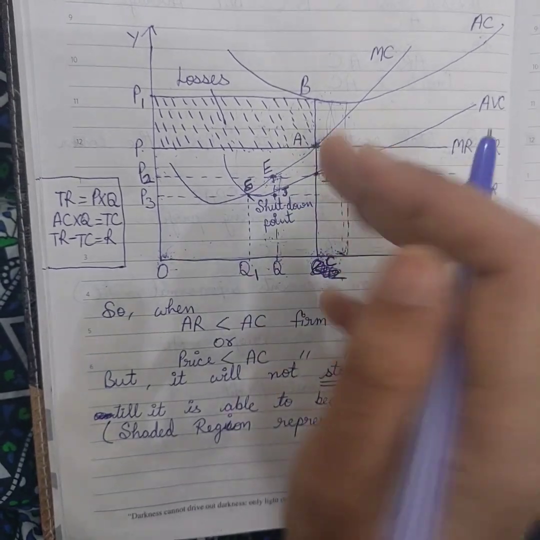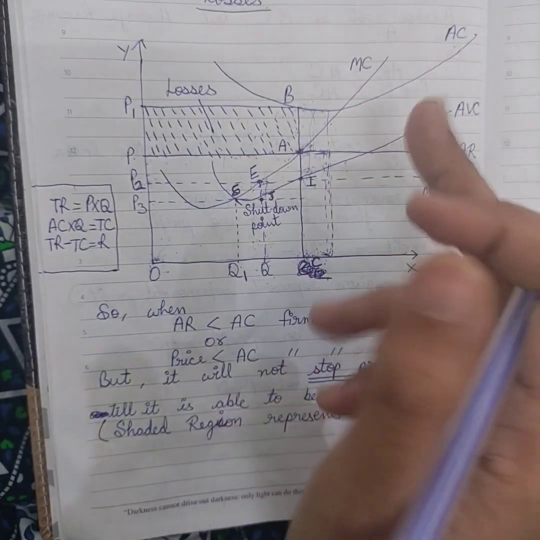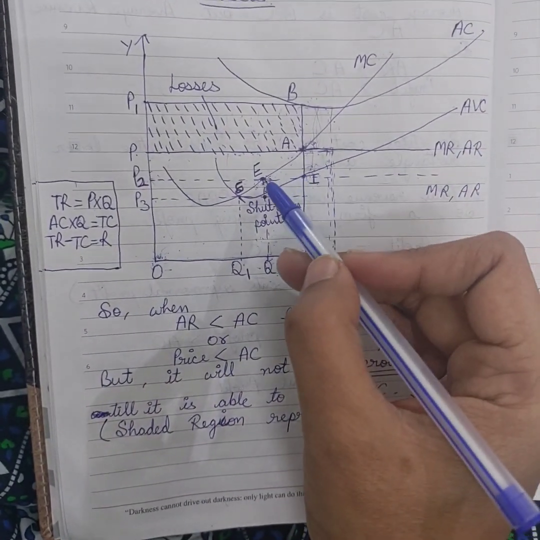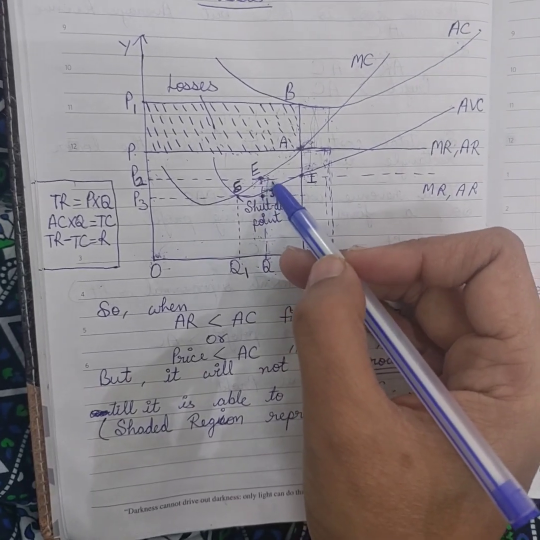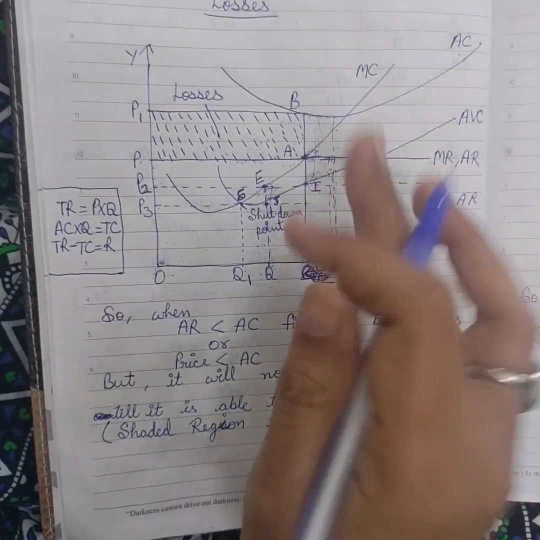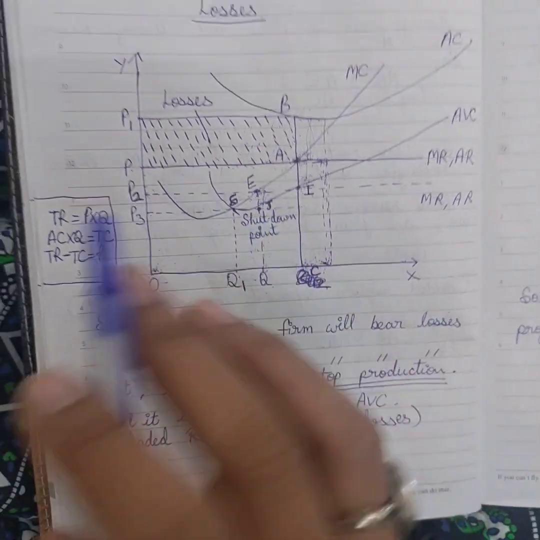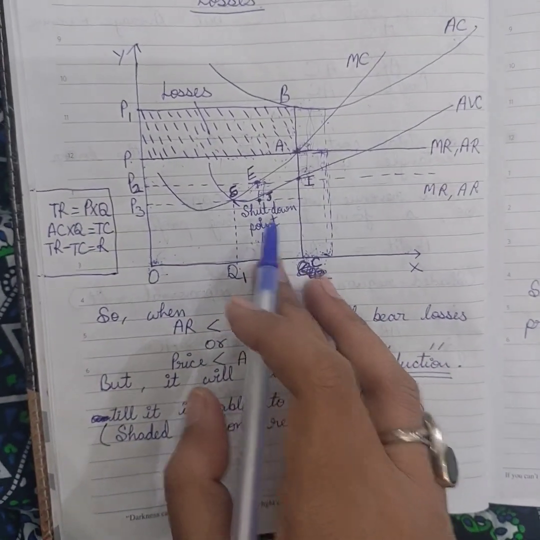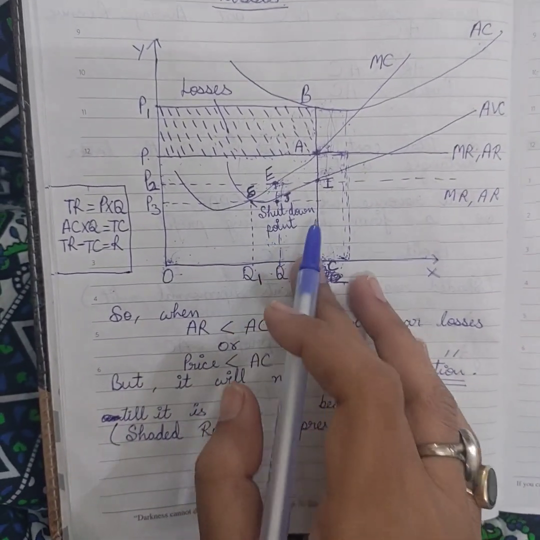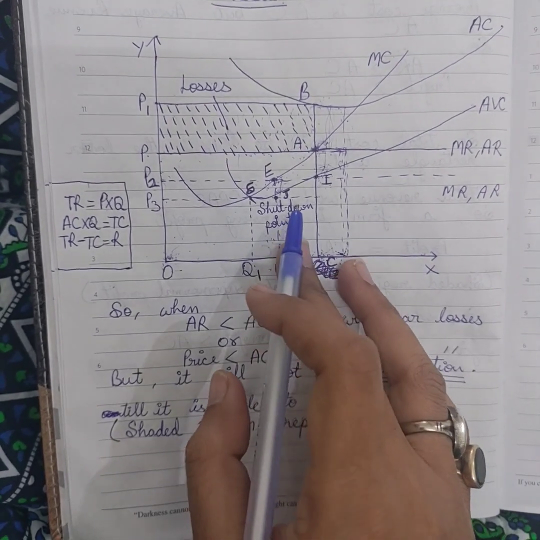So it will not stop production till it is able to recover fixed cost. Again I am repeating, this firm or any firm will not stop production till it is able to recover its fixed cost.